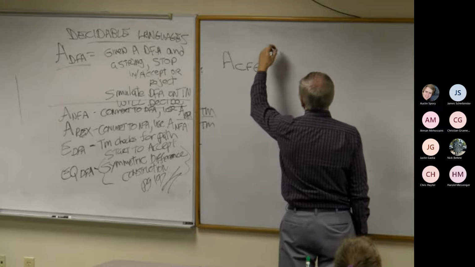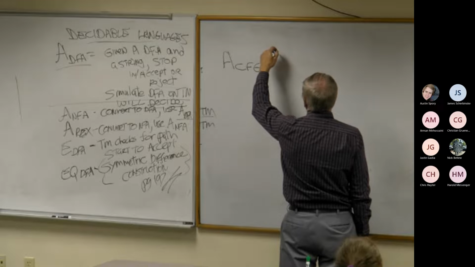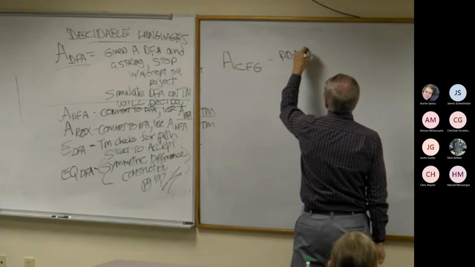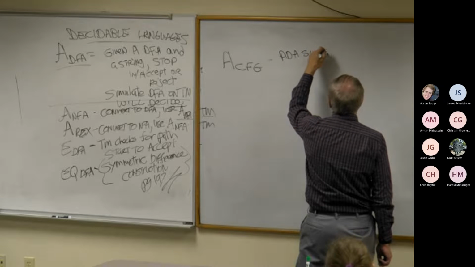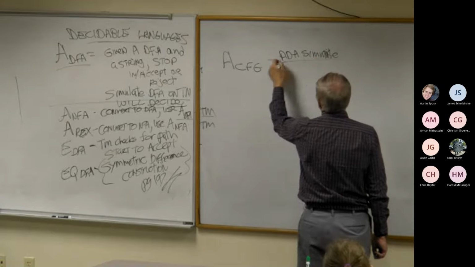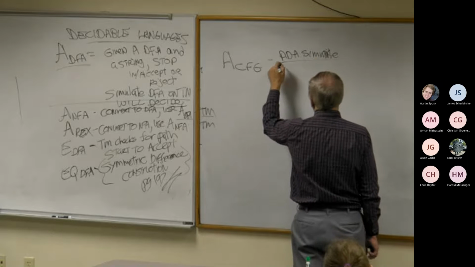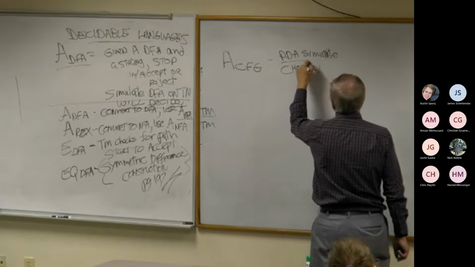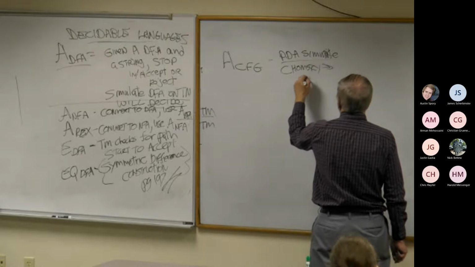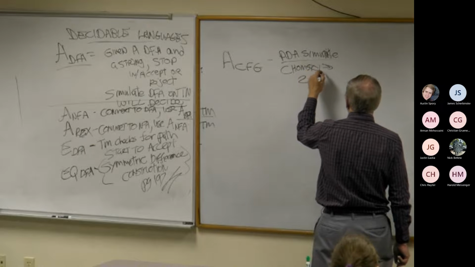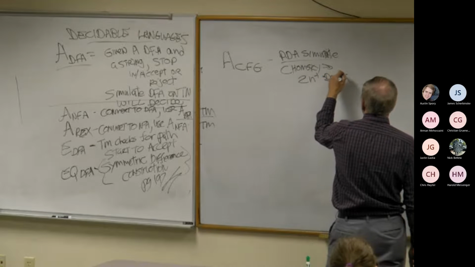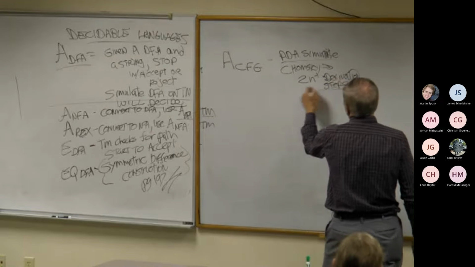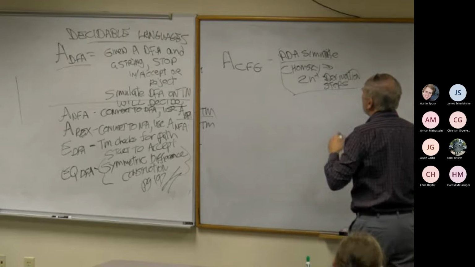You can simulate a PDA on the Turing machine, or use Chomsky normal form to the n minus 1 derivation steps. So either one of those will stop.